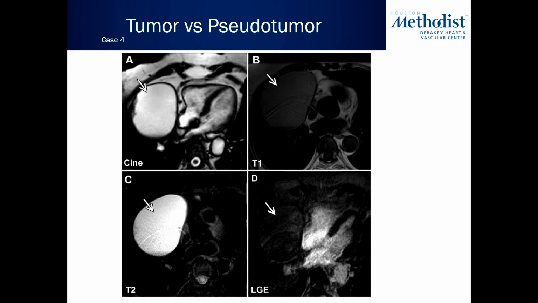And where it was located, the well-circumscribed features of it, this pathognomonic T1, T2 without any evidence of contrast uptake, this is a pseudotumor and a pericardial cyst.